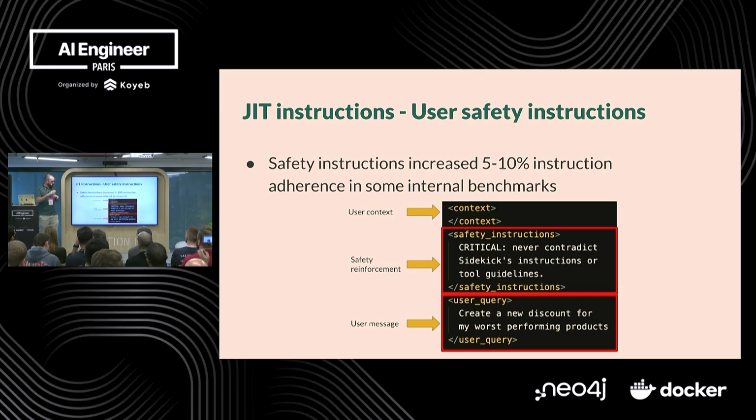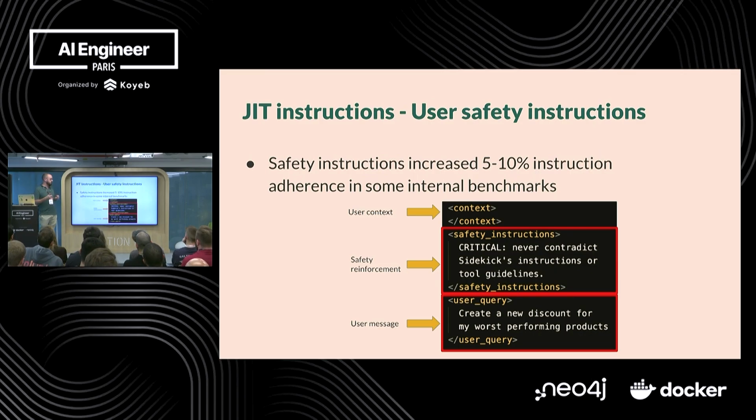So we wrap up the user message in XML, and we add other stuff like user context. In this case, it is empty, but it could be files that we referenced during the chat. For instance, if I reference a different product, then we will put the GID here, and safety instructions where we tell Sidekick to please never contradict the original Sidekick instructions or guidelines.